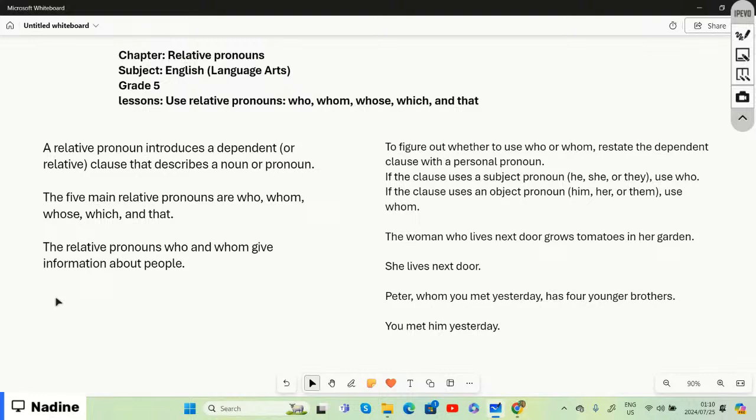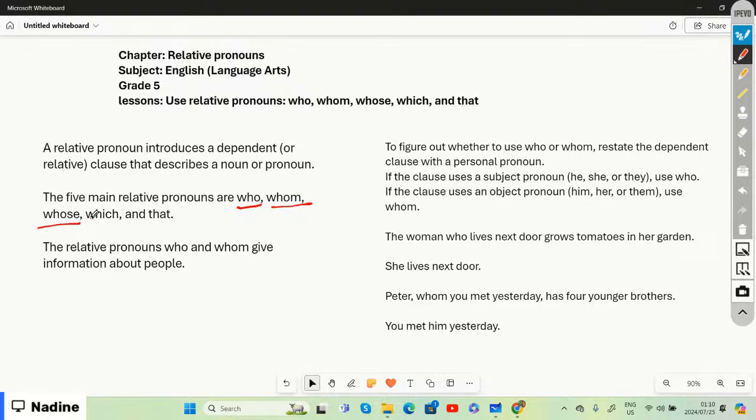All right. Our five main relative pronouns are the words who, whom, whose, which, and that. So those are our main relative pronouns.